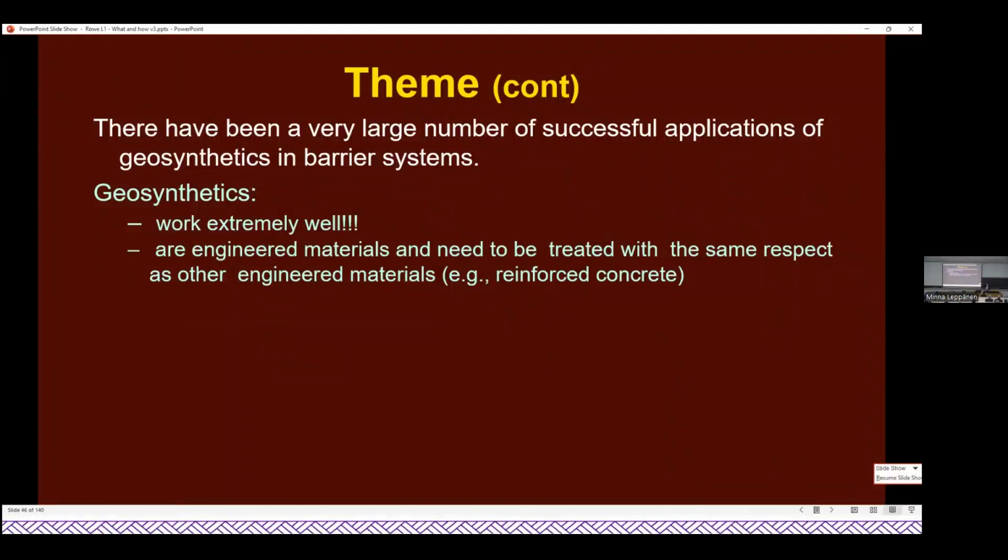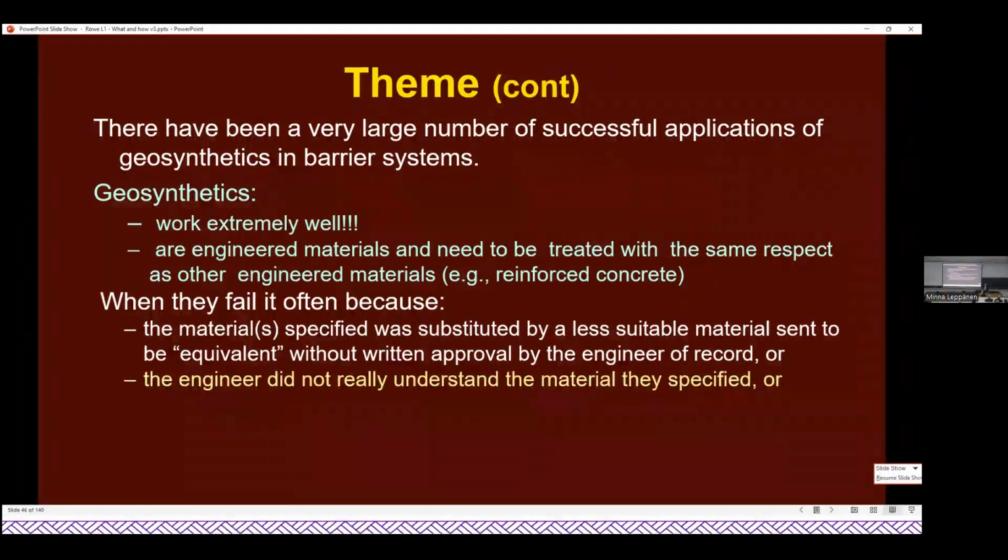A civil engineer graduates usually with a good training, several courses in reinforced concrete design, and with zero courses in designing with geosynthetics. So when they fail, it's often because the material specified was substituted for a cheaper material. When people say they're equivalent, be very skeptical. What's on the specification sheet doesn't tell you about equivalence.